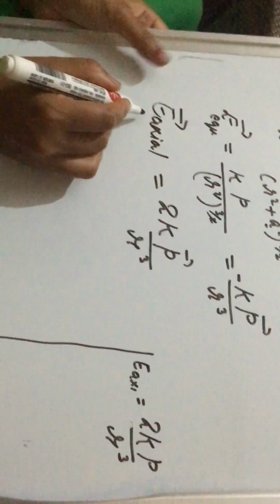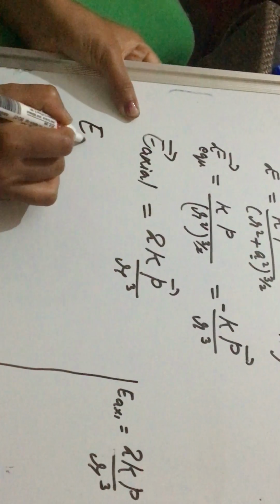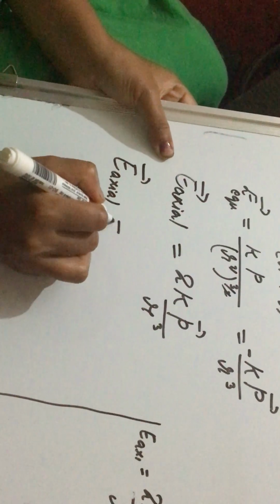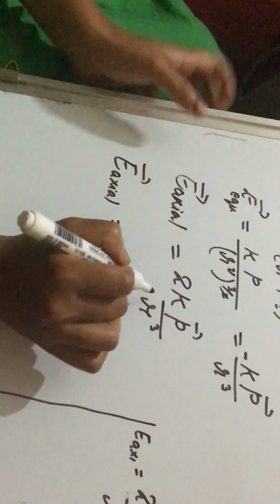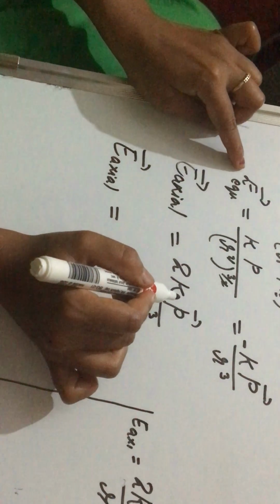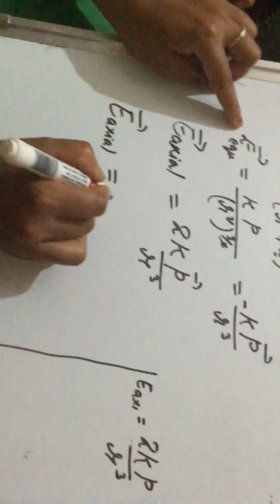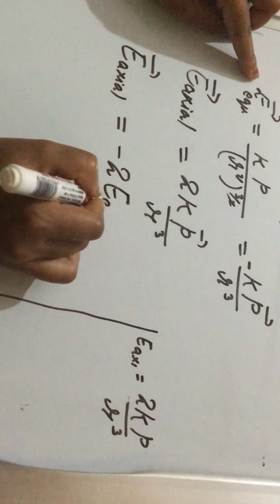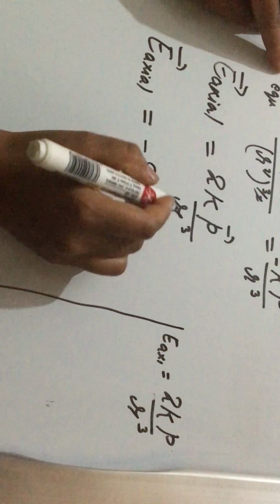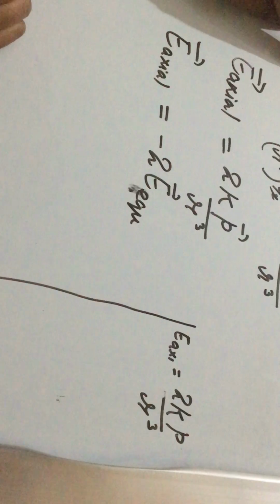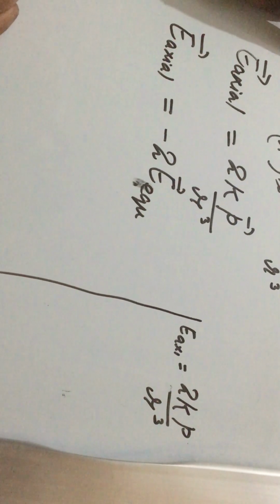Then E axial is equal to, in place of this, can I write minus 2 times E equatorial?